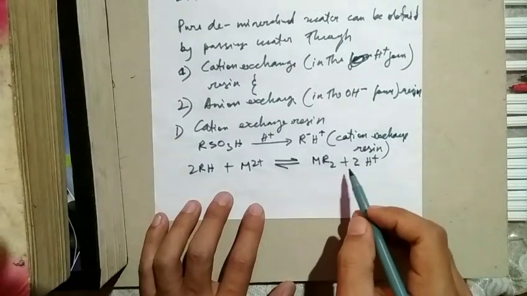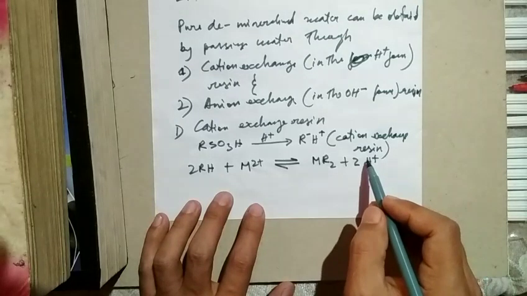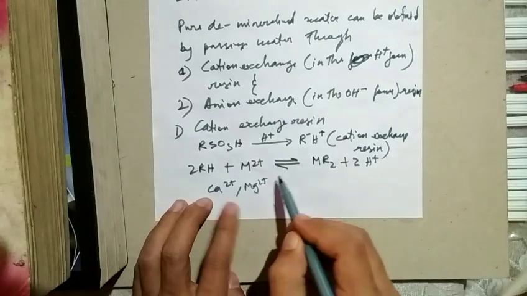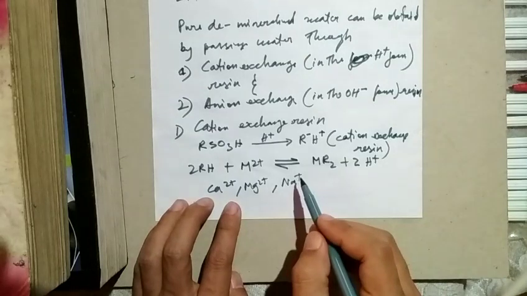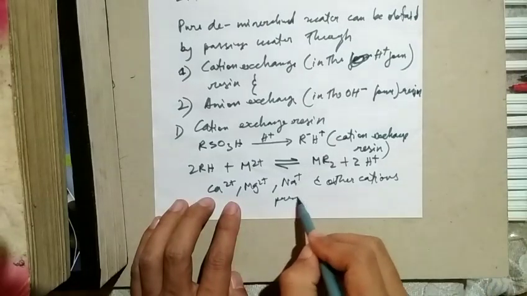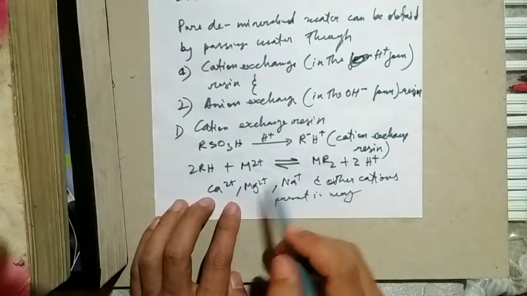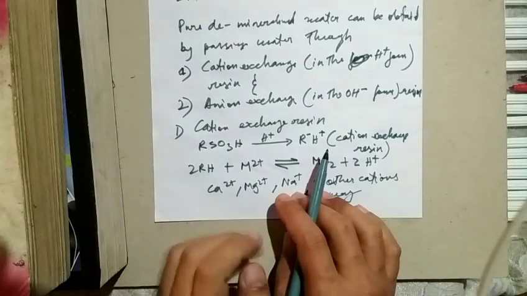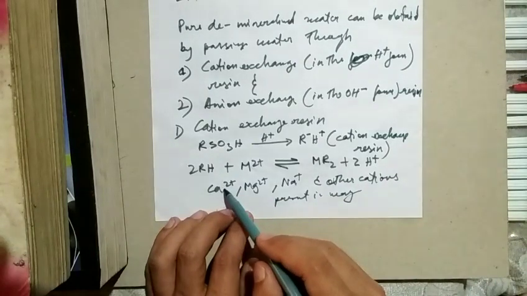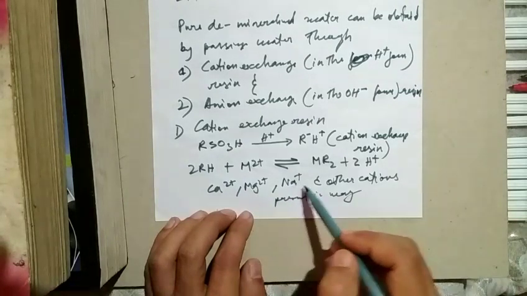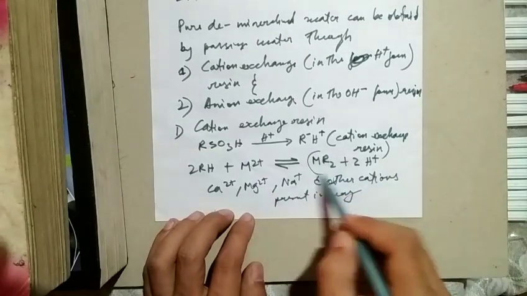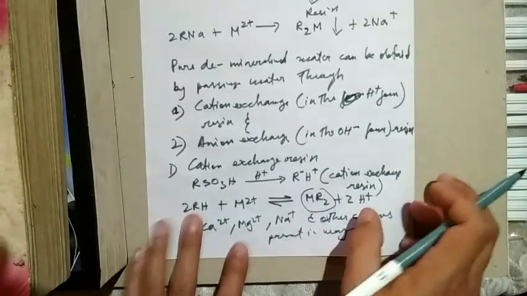So H plus exchanges with calcium, magnesium, or let us say sodium, and other cations present in water, and forms MR2, which is insoluble and can be removed.